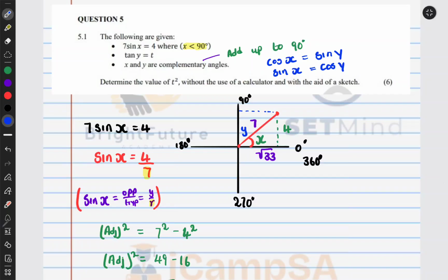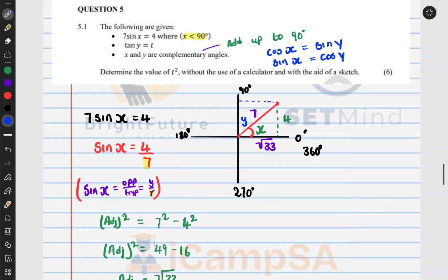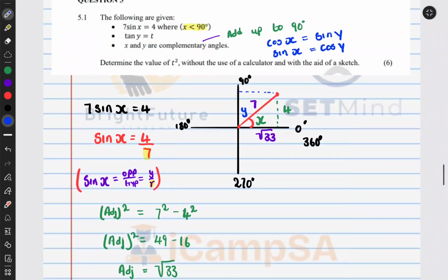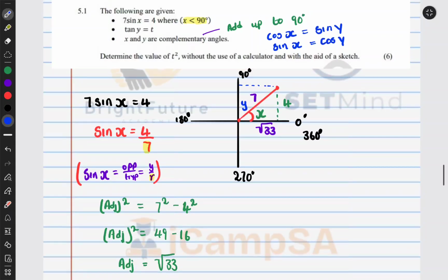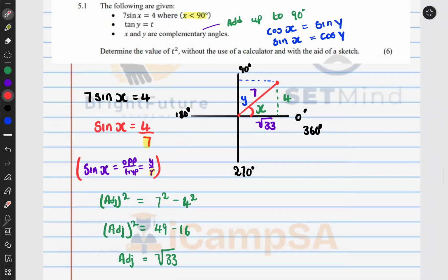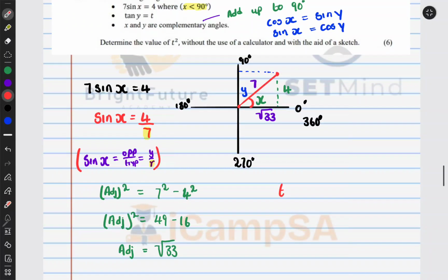Then let's come here. What are we looking for? We're looking for t squared. For t squared, let's come here. We have tan y being equal to t.